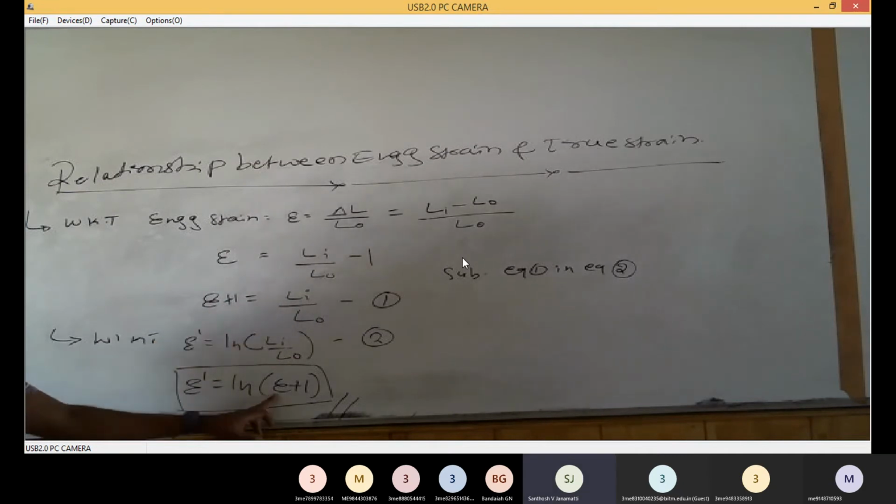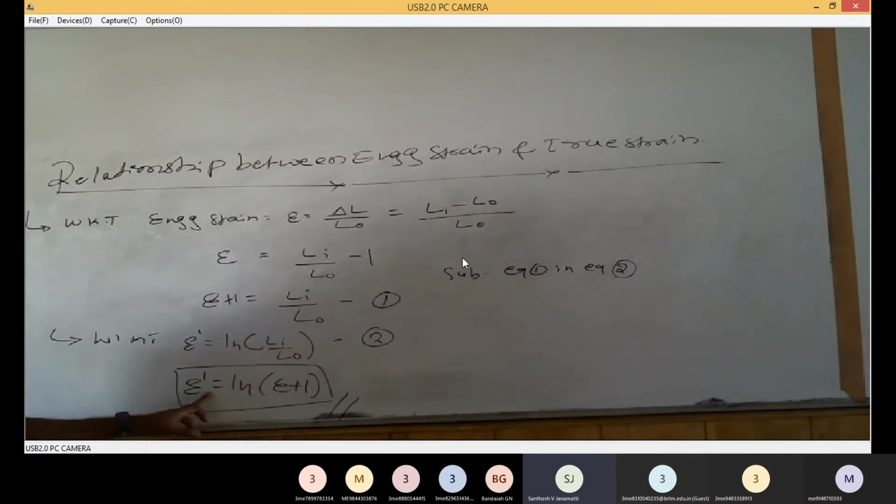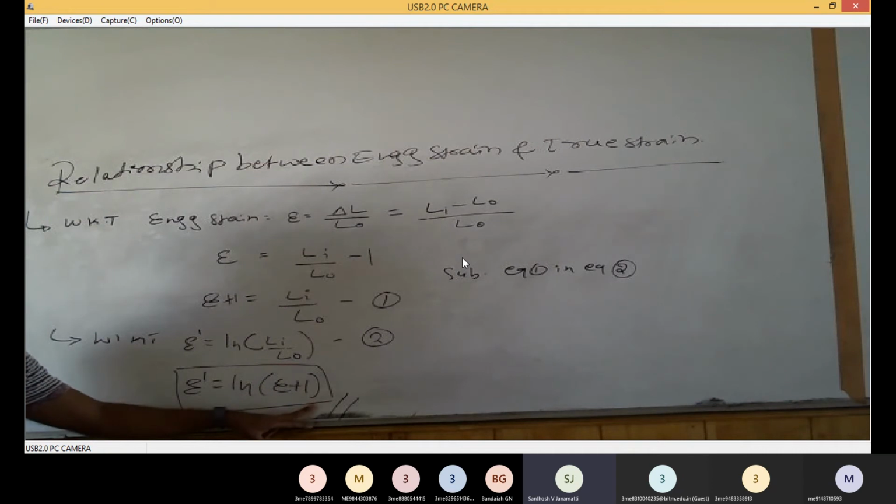Substituting it here, hence the true strain is equal to ln of strain plus 1. Which strain is it? It is engineering strain. True strain is equal to ln of engineering strain plus 1.